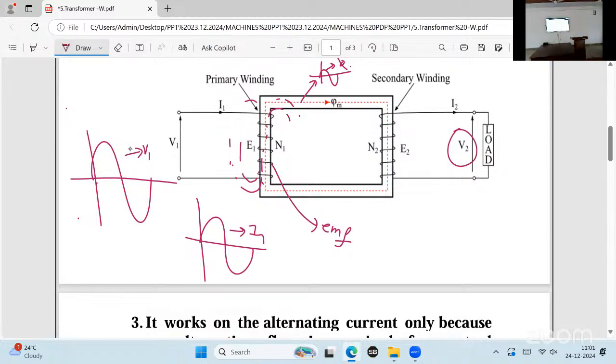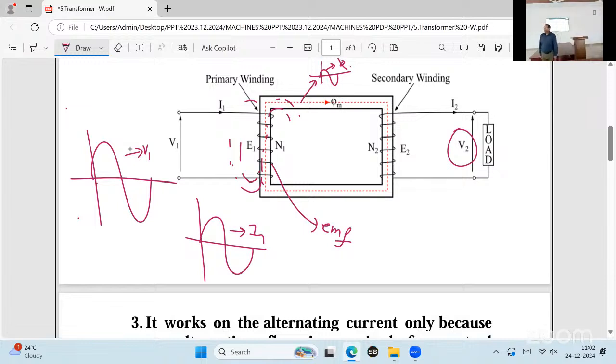Faraday's first law. What is the statement? Whenever a change in flux links with the coil, EMF is induced in the coil, called E2. How did we get E2? We need flux.